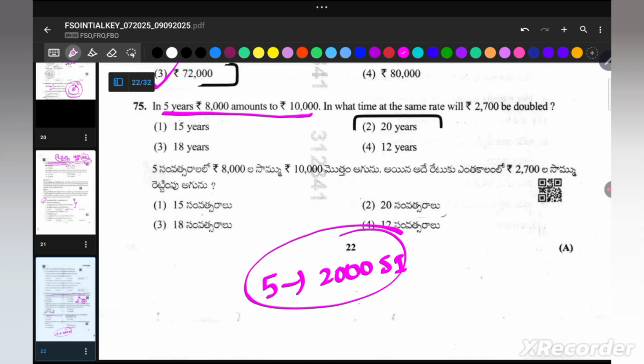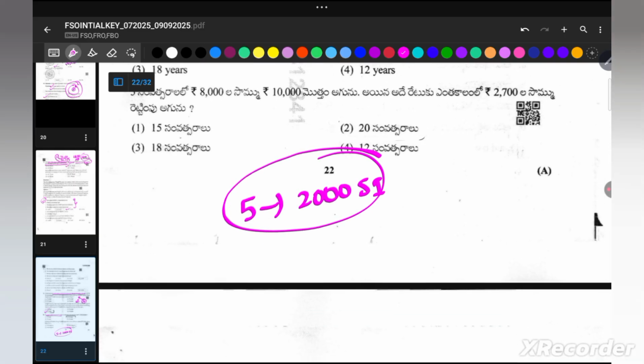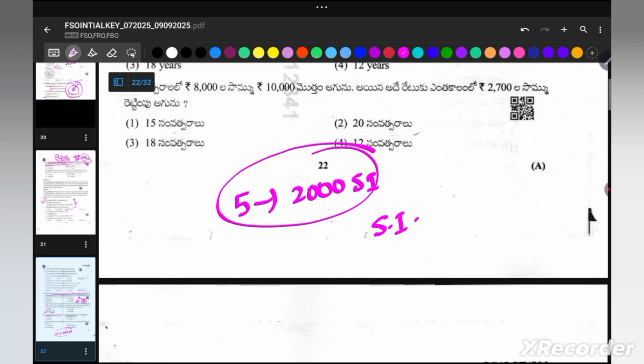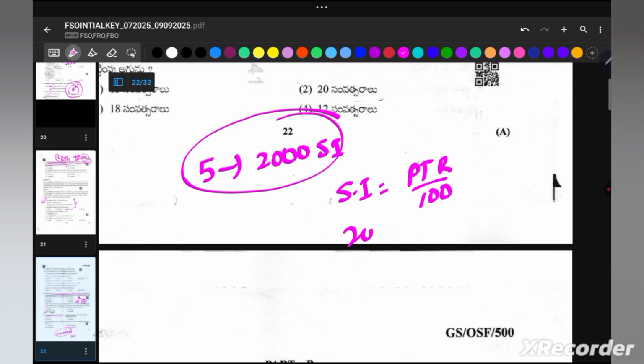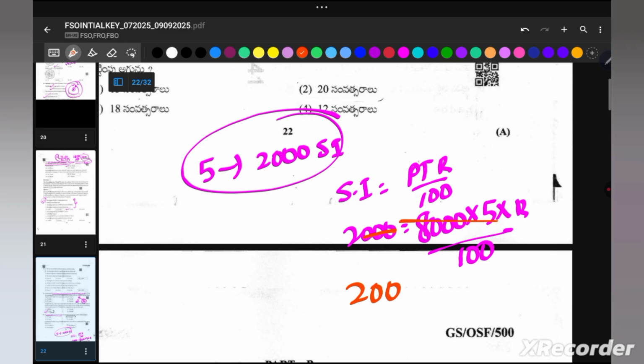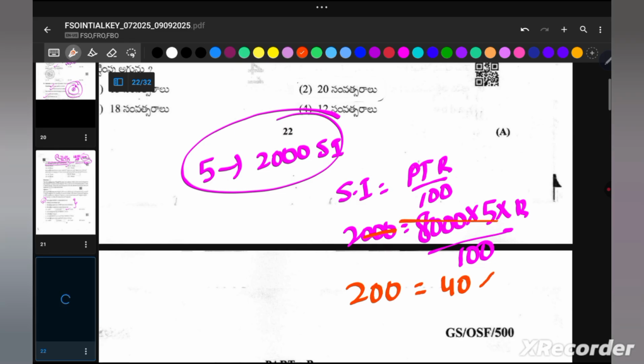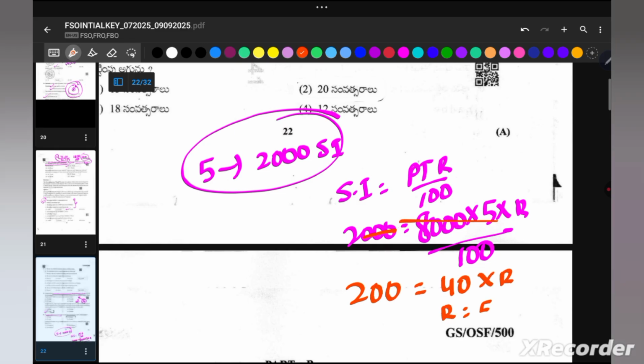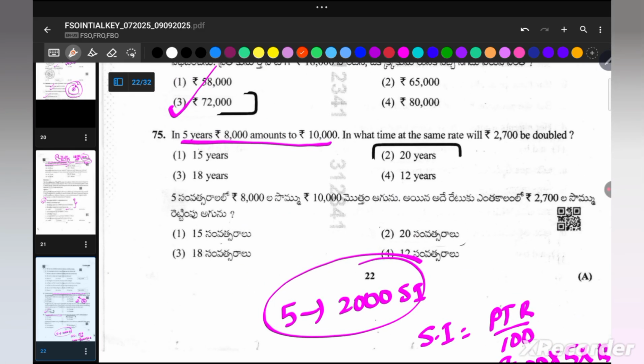At the same rate, if you take the simple interest formula, PTR by 100, you know the simple interest is 2000, the P value is 8000, and the T value is 5, over 100. If you closely observe, 3 zeros cancel, 200 is equal to 40 into R. The R value will be 5. The rate of percentage will be 5.